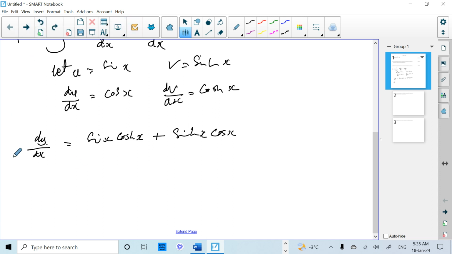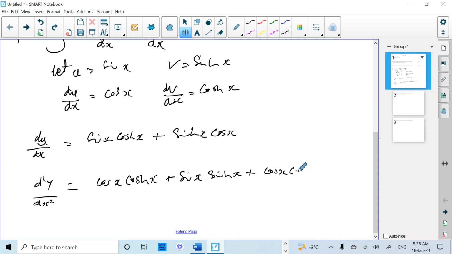So d2y/dx2, because I've got to do this 4 times, is equal to, when you use the product rule again and substitute the values in, cos x cosh x plus sin x sinh x, and then plus cos x cosh x, and then minus sin x sinh x, minus sin x sinh x.